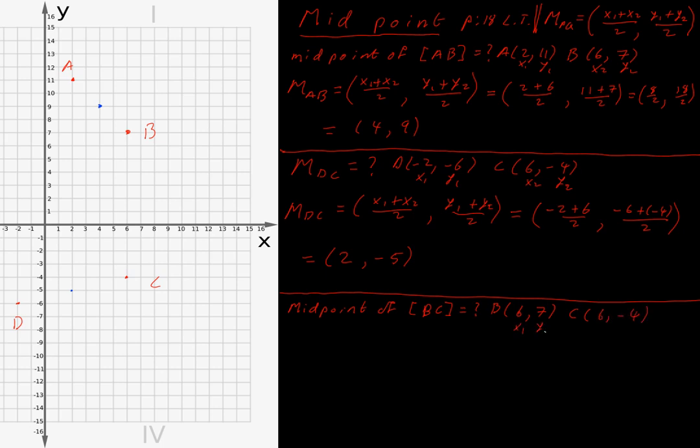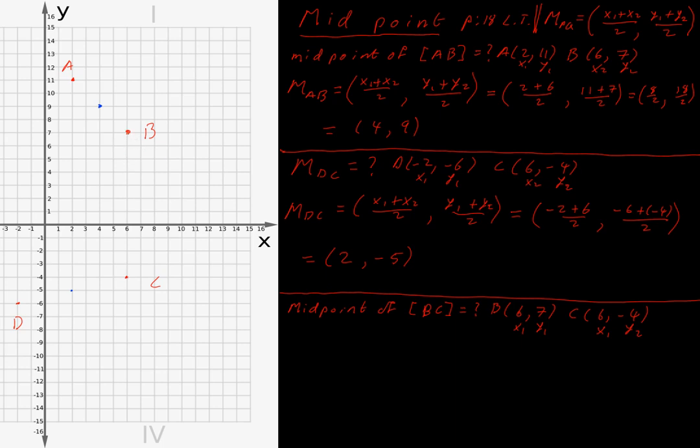X1, Y1. I know I'm dealing with my midpoint, so I'm going to label my points. And what I notice here is that I have the same x coordinates, and I can see from my picture B is directly above C.